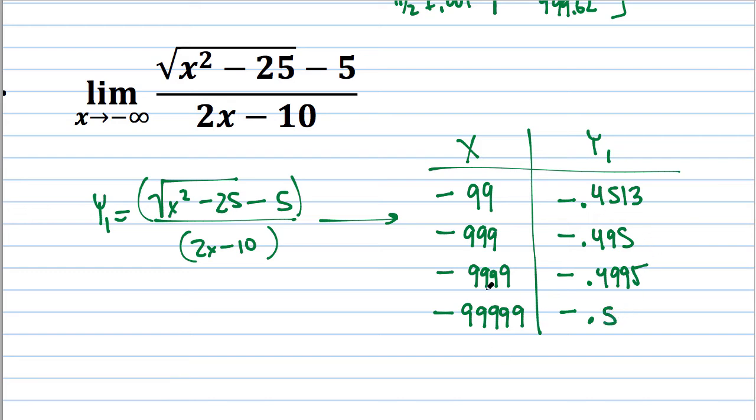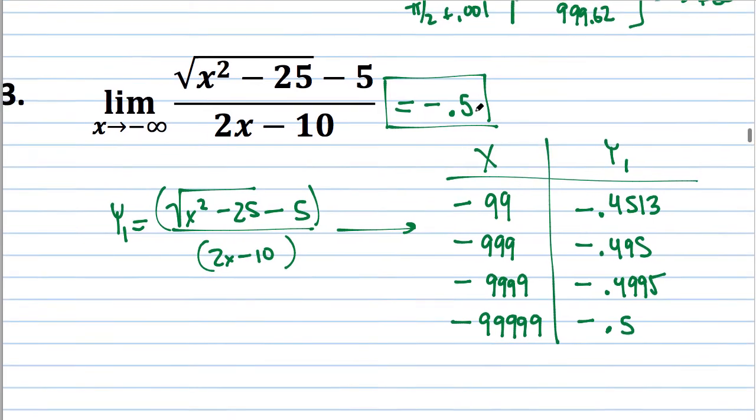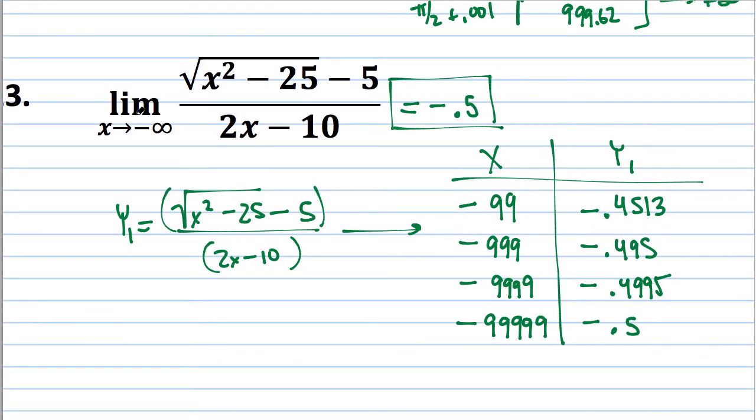No matter how many nines I add after this negative sign, I'm going to get a value rounded to negative 0.5. That's because this function, as x approaches negative infinity, approaches an asymptote with the value of negative 0.5. So you can use tables to find limits even if you have positive or negative infinity as the limit.